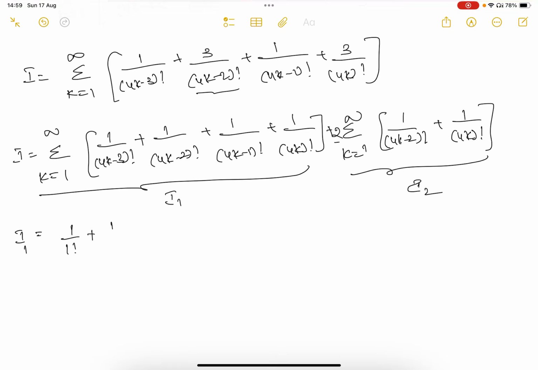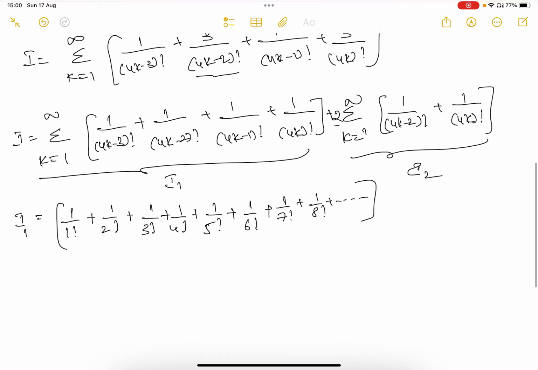4 minus 2, 2 factorial, minus 4 minus 1, 3 factorial, plus 1 by 4 factorial. Plus when k equal to 2, it will be 8 minus 3, 5 factorial, plus 8 minus 2, 6 factorial, plus 8 minus 1, 7 factorial, plus 8 factorial, plus and so on.